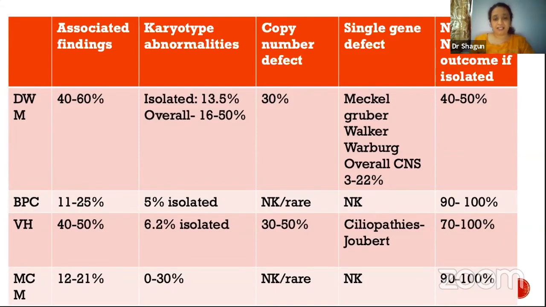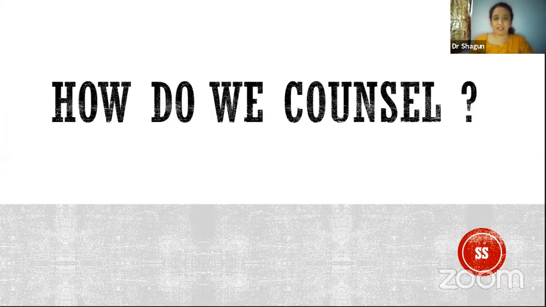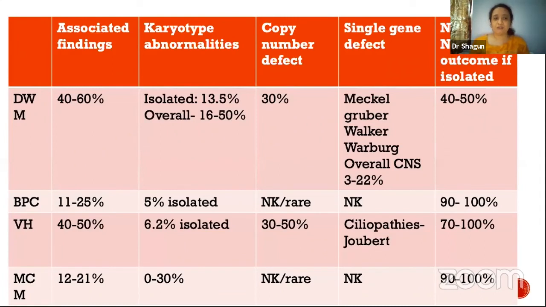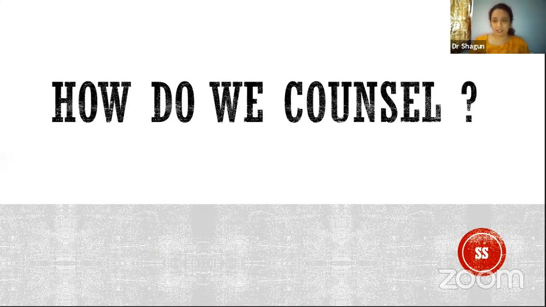So distinguishing from other lesions is very important, and hence postnatal follow-up is also extremely important for these cases. Here in this case, there doesn't seem to be anything else besides a prominent cisterna magna, so luckily this seems to be a favorable outcome. But it's important to do a karyotype and to keep a follow-up and make sure that we are not missing other lesions or any associated anomalies.